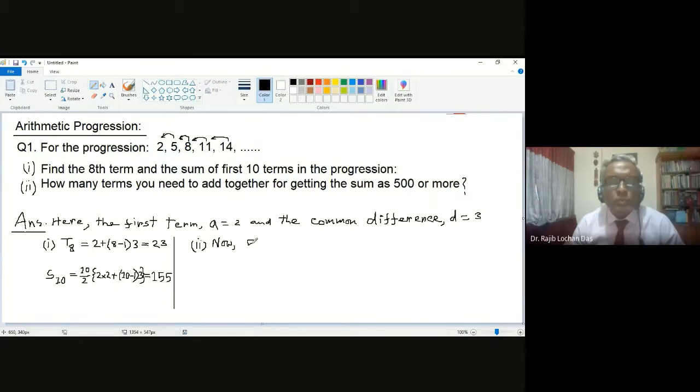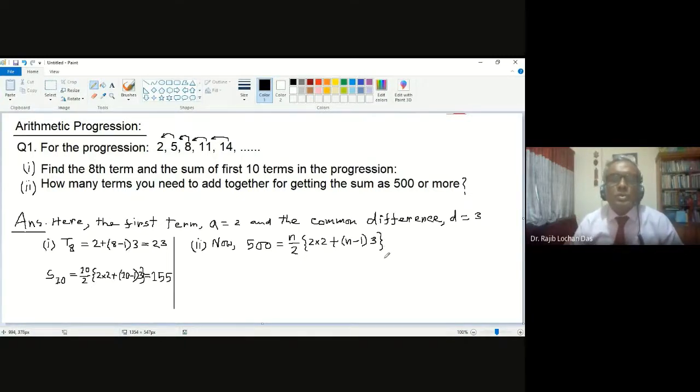So you put 500 here, and then you put the formula. We do not know the n, so you put n by 2, and then 2 into 2, that is the a value, and then n minus 1, we do not know what n is, and then d is 3. So this will be the equation.